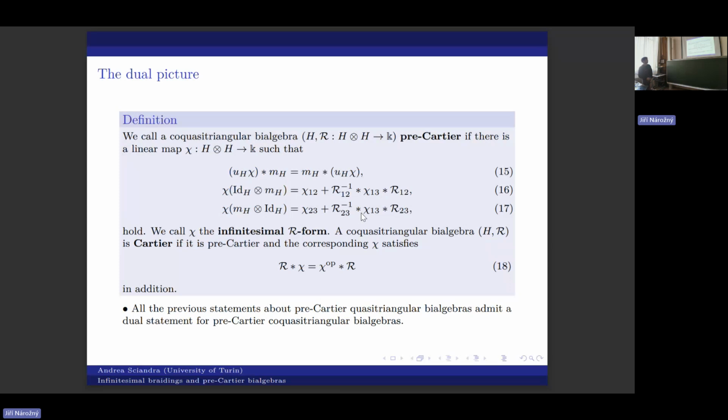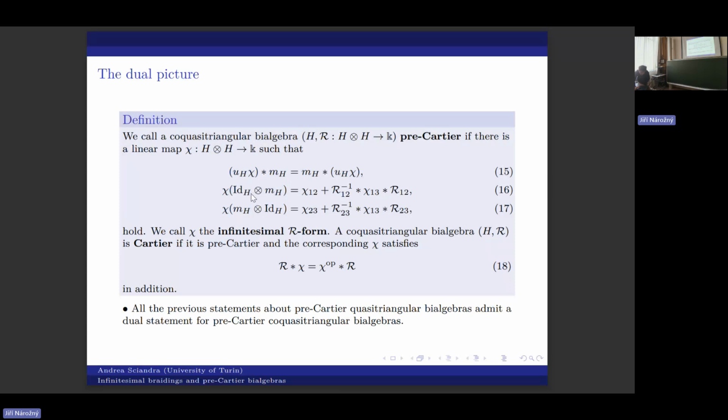Now, clearly, we also have the dual picture. One can consider quasi-triangular bialgebras, which correspond to braidings of comodules. And we can define pre-Cartier structures, which now are maps from H tensor H into the base field, satisfying this axiom. These are exactly the dual of the axioms from before.